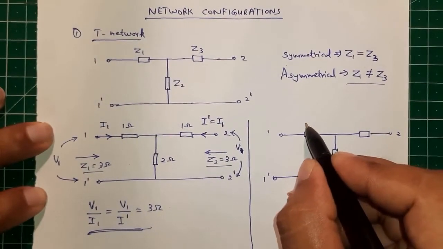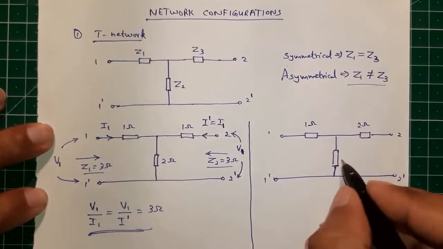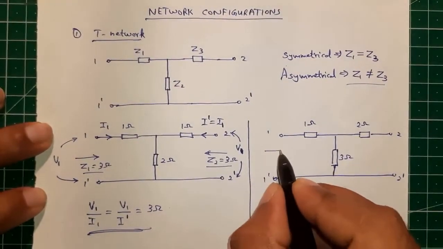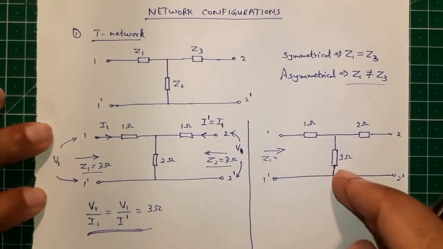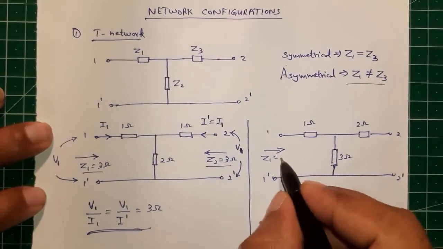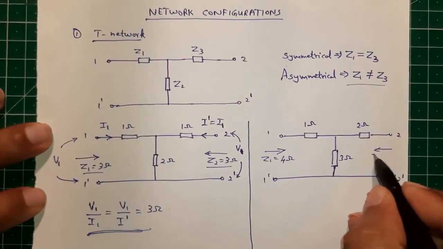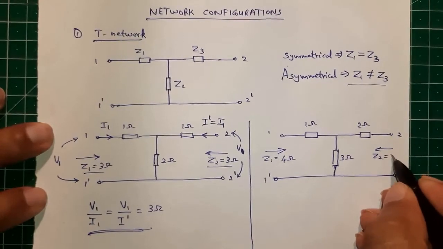How? For example, we take this as 1 ohm, this is 2 ohm, this is 3 ohm. So what is Z1? 1 in series with 3, this is 4 ohm. What is Z2? 2 in series with 3, 5 ohm.